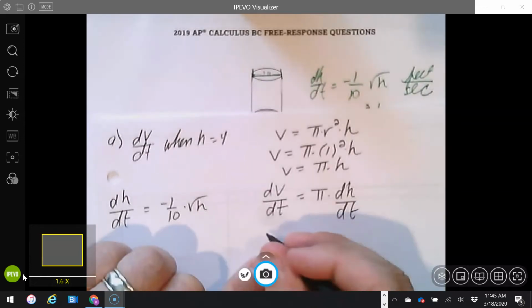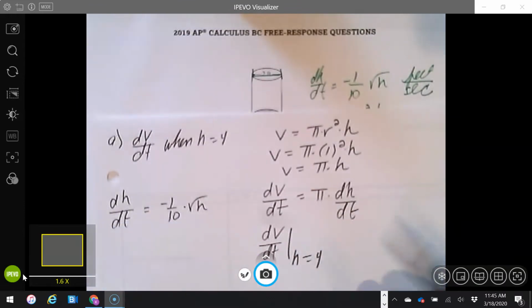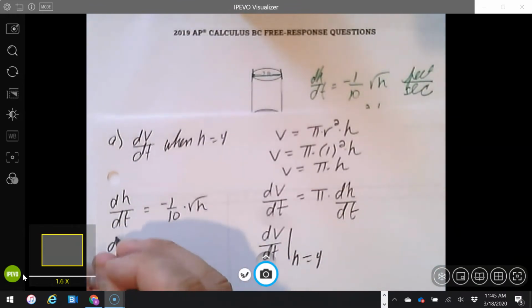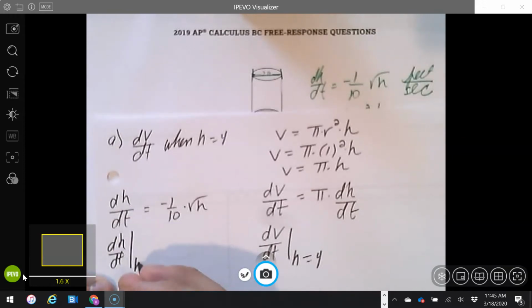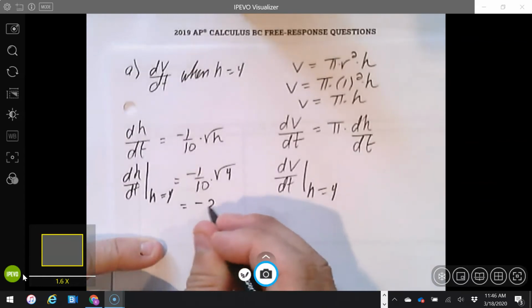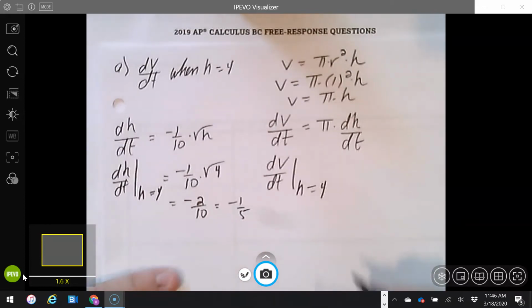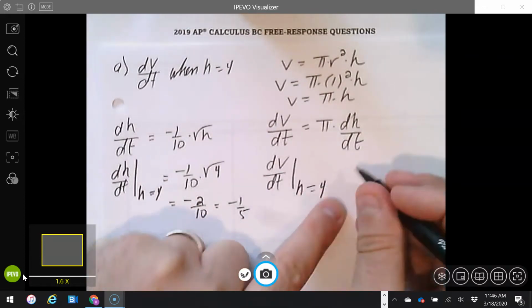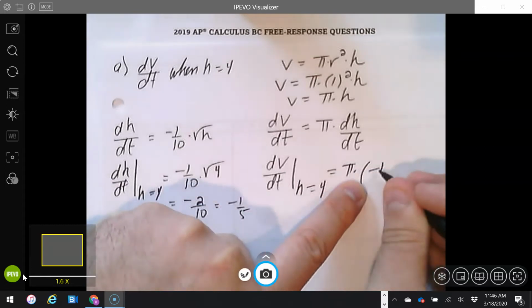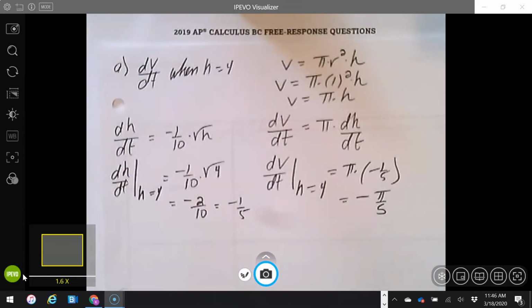If I want dV/dt when the height is 4, I'm going to have to come over here and say, well, what is dh/dt when h is 4? I'm going to plug that in: -1/10 times the square root of 4. Easy enough. Square root of 4 is 2. -1/10 times 2 is -2/10, or -1/5. So it must be that dV/dt is pi times -1/5, or if you prefer, -pi/5.